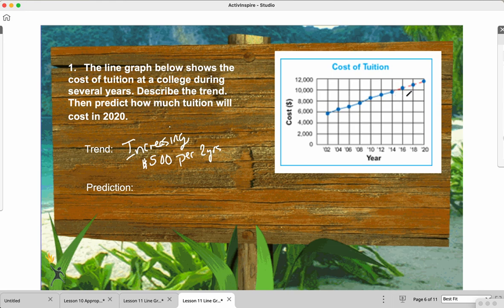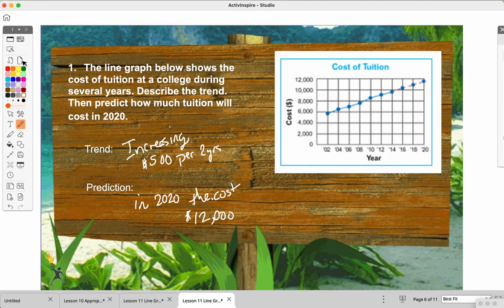In that time frame from 2014 to 2020, it's going to increase about another $2,000. So our prediction is that in 2020, we're going to see the cost will be about $12,000. And you could even do this all the way out to 2030 or 2032 when you'll be going to college. So about $12,000. And again, that's an average, so there are obviously schools that are way more expensive and other schools that are lower.